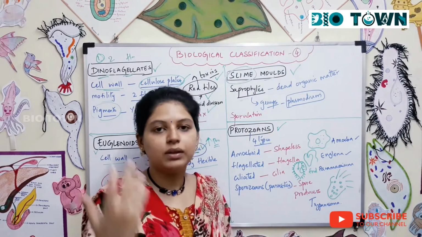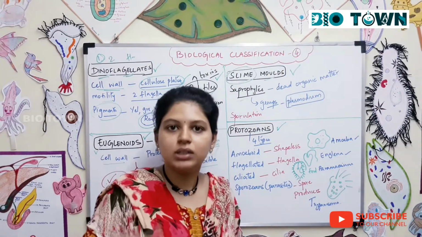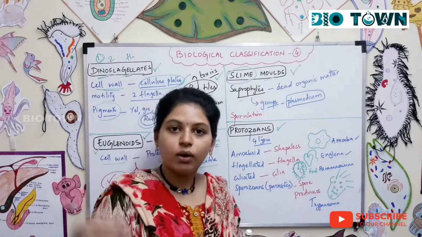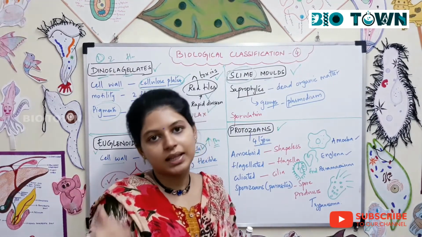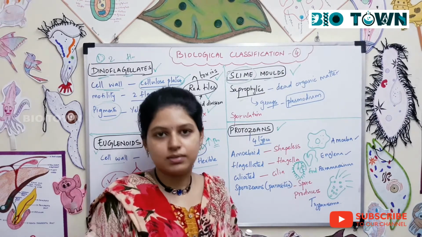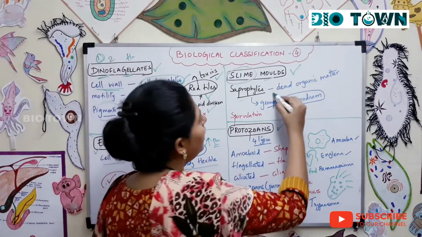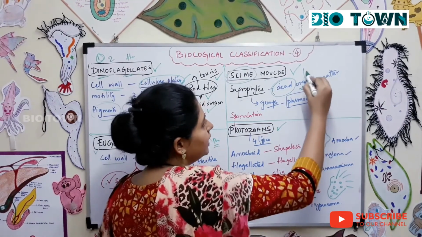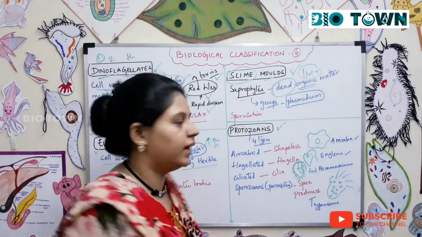For example, a fish dies and settles on the bottom of the water body. Now what do these slime molds do? They go and feed on the organic matter on these fishes and they metabolize. Alright, so that's a very simple example of saprophytes. So they rely on dead organic matter. Organic matter is the dead living matter. The living matter which has died is called organic matter.